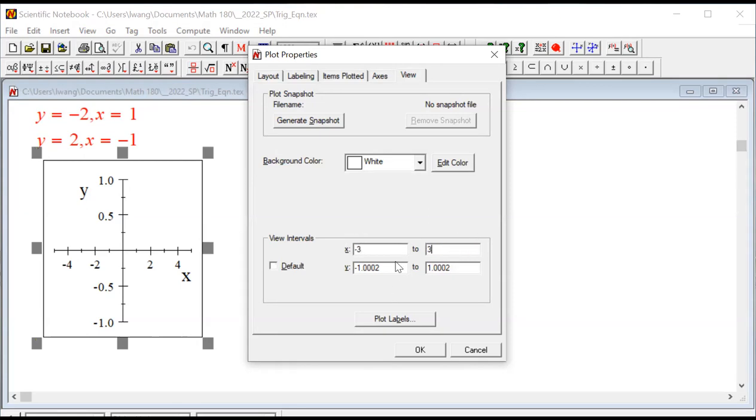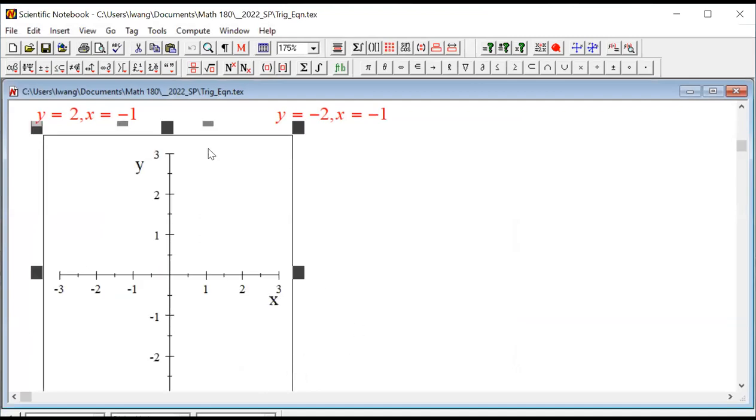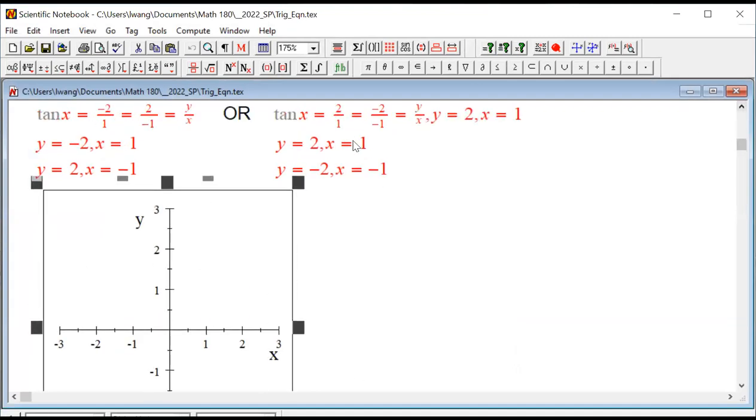Okay, so let's make this, and feel free to draw your picture accordingly. In each case, say 2, 1. I'm sorry, these are the points: this is 1, 2, and this one is -1, -2.